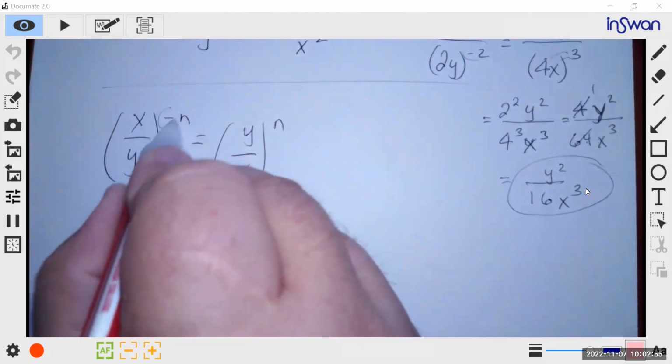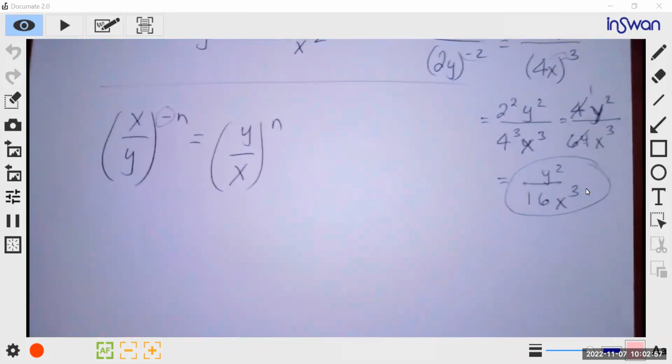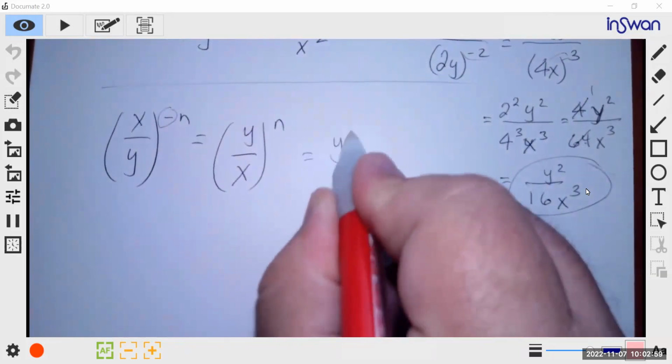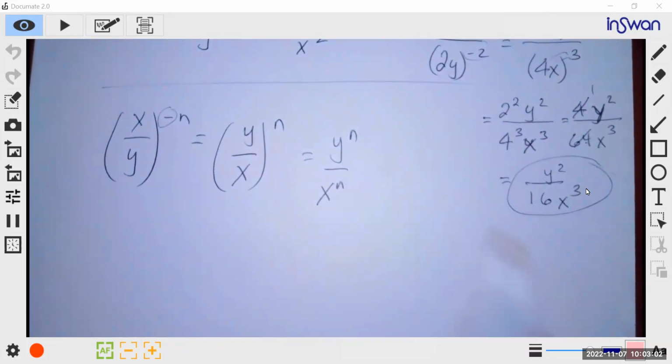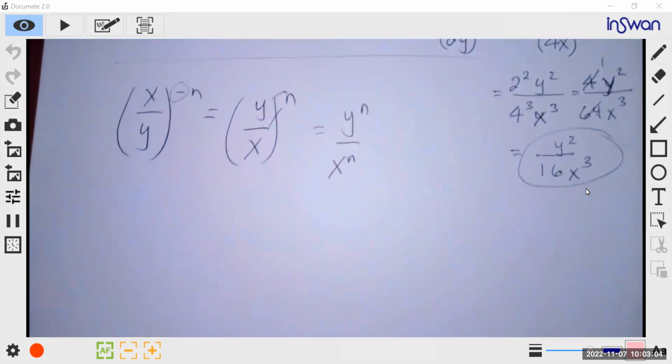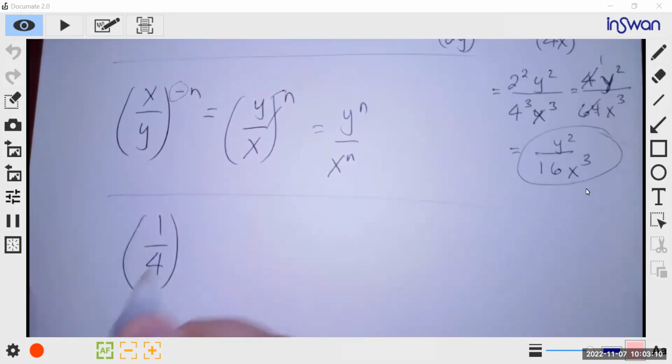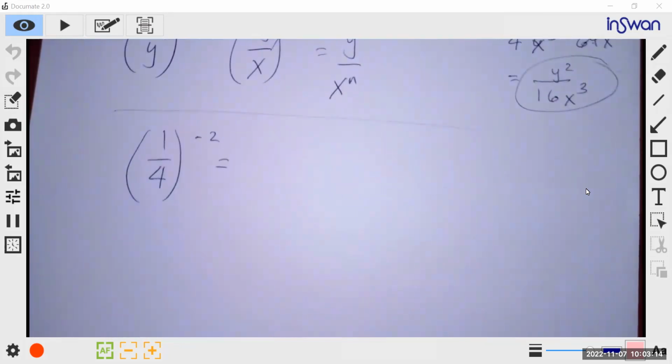Because all this negative here does split it, as you said. So the final answer would be y to the n over x to the n. Distribute. So what would that answer be?